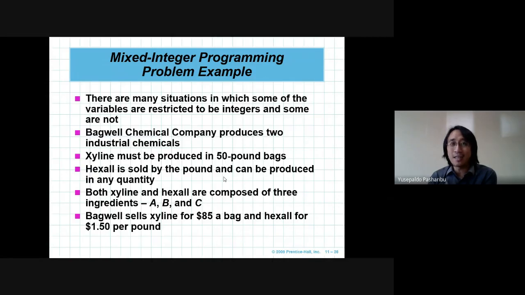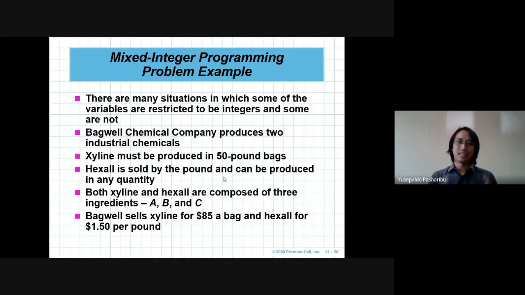Xylene must be produced in 50-pound bags. So one bag consists of 50 pounds. This is just like a product that we often see in some department store, like rice in 5-kilogram packets.